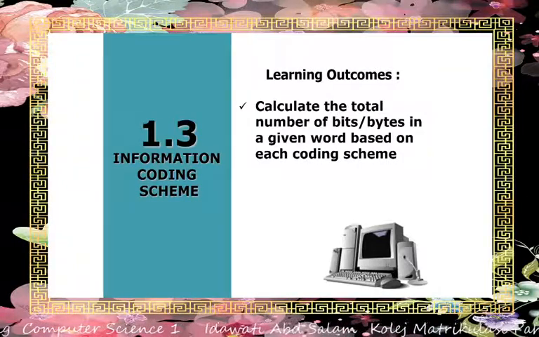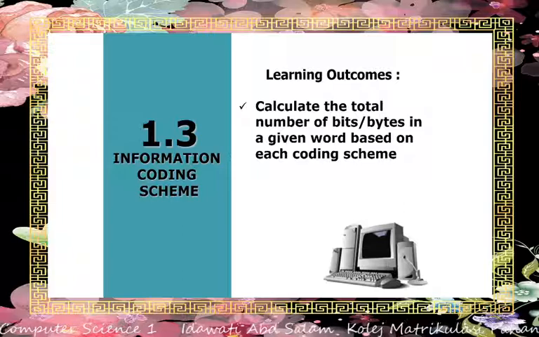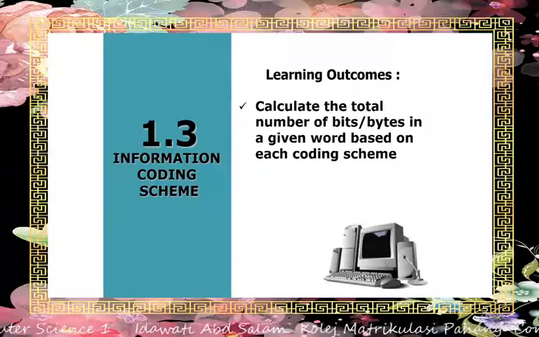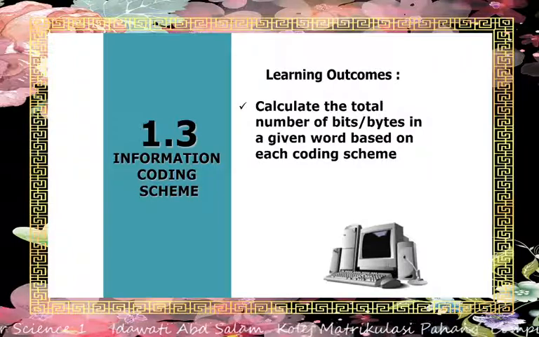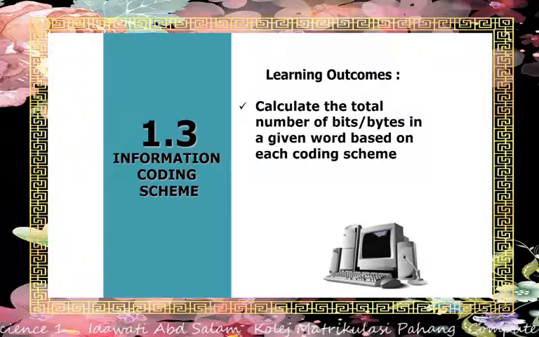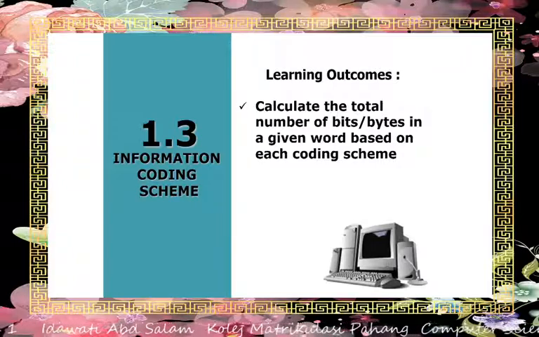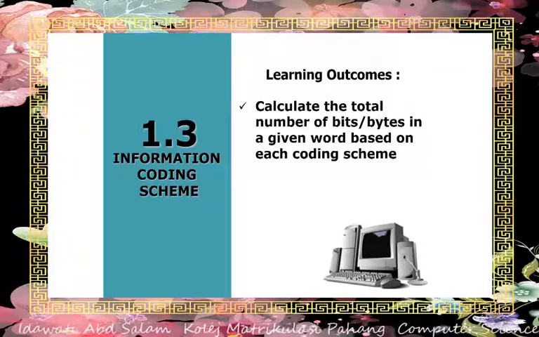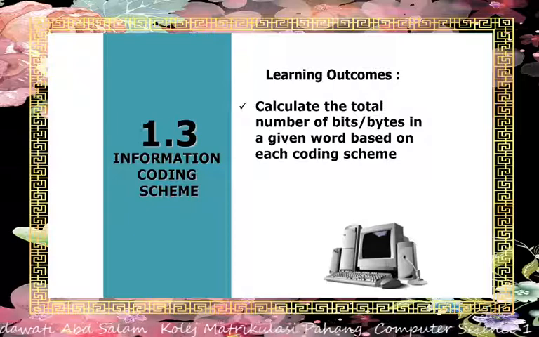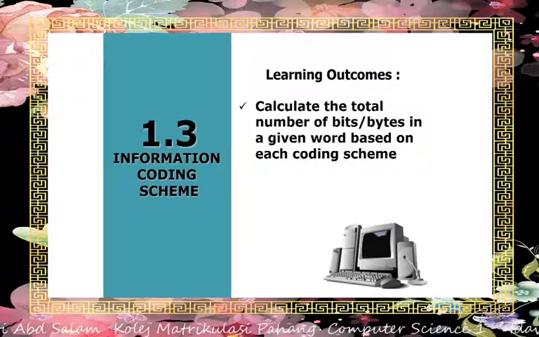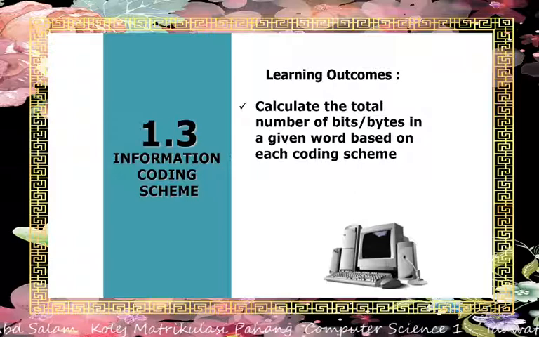The first one is ASCII, the second one is EBCDIC, and the third one is Unicode. So today, inshallah, I will show you how to calculate the total number of bits and bytes in a given word.